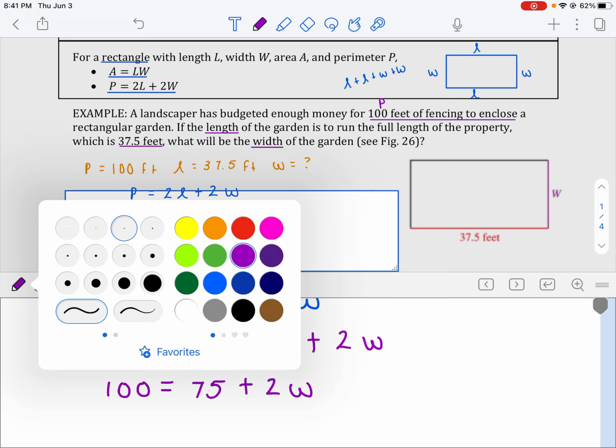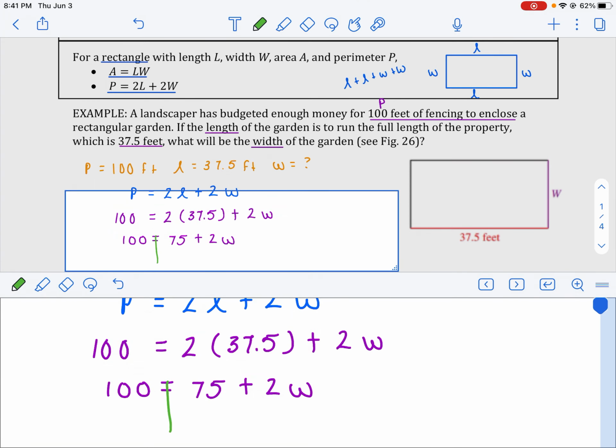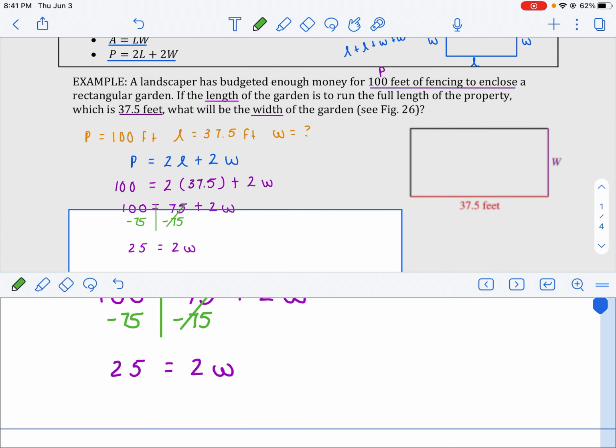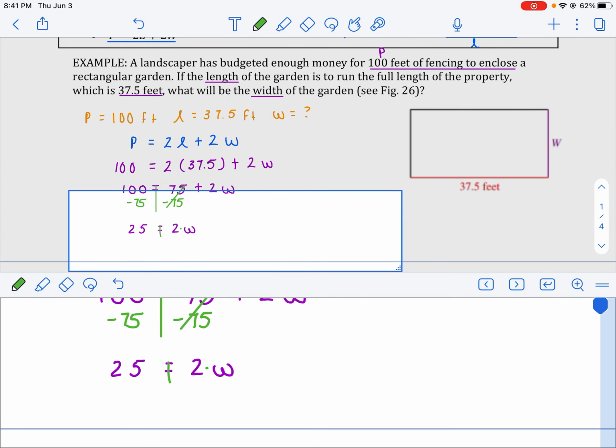To get W by itself, you need to get rid of addition and subtraction first. So I need to get rid of this positive 75 by subtracting it from both sides. So 100 minus 75 gives us 25 equals 2W. To continue to get W by itself, we need to get rid of the multiplication between the 2 and the W, and the opposite of multiplying by 2 would be divide by 2.